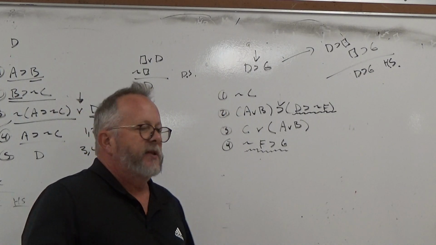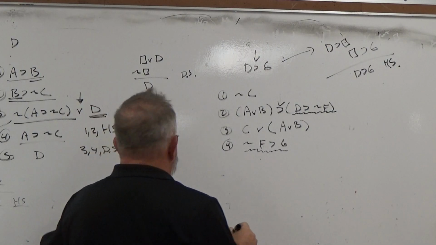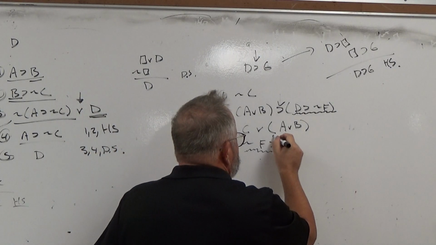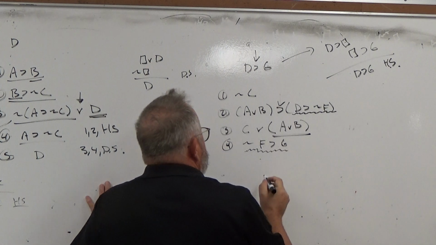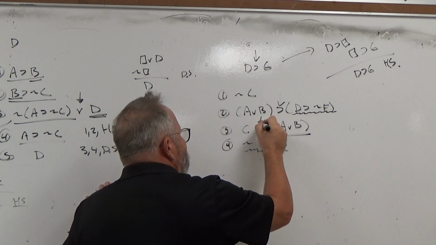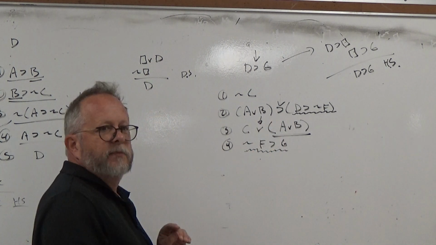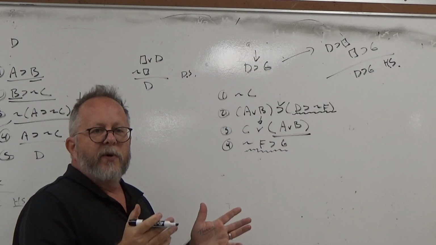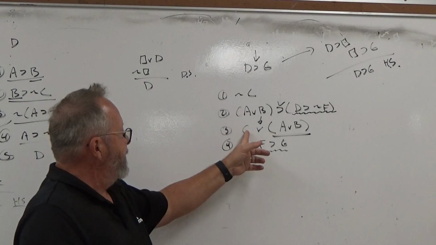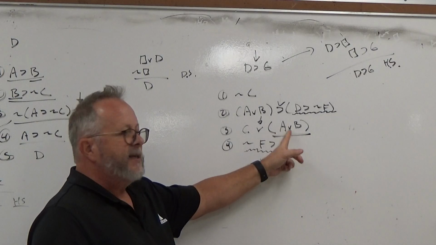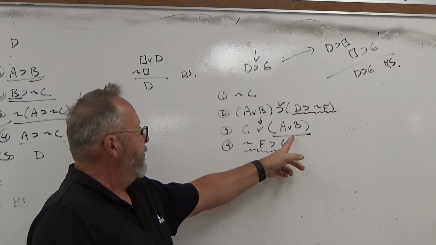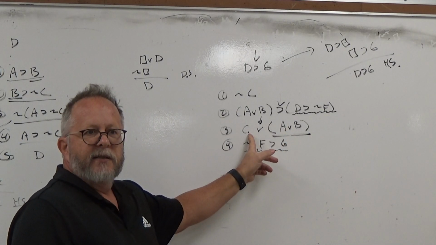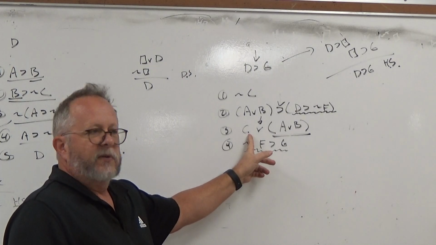So first thing I'm going to do is look for an A or a B. And I see there's one right here. Now it is stuck in an OR, right? So how would I get it out? It's this or that. I want to say this is true, so I need to find a not C, okay?